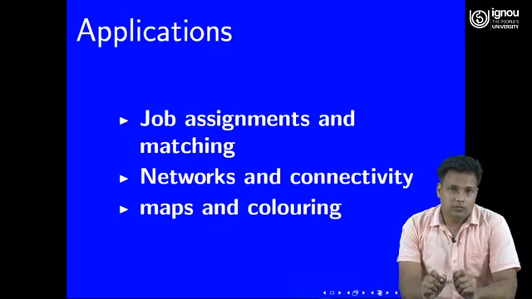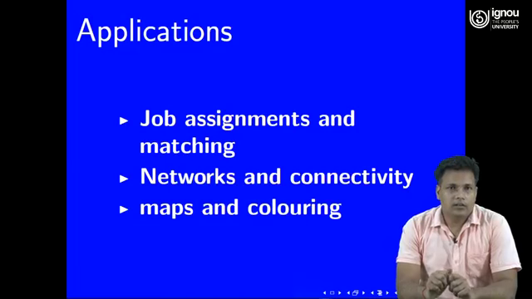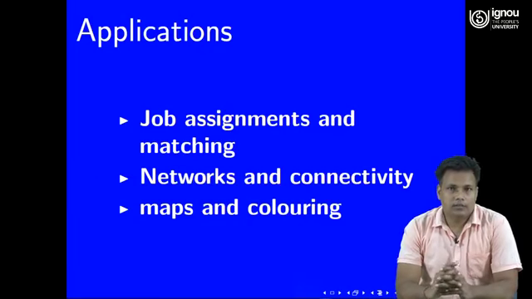So when you color all the states in this way, you will find that you do not need more than 4 colors, and this is called the 4 color theorem, which was solved just a few years back.